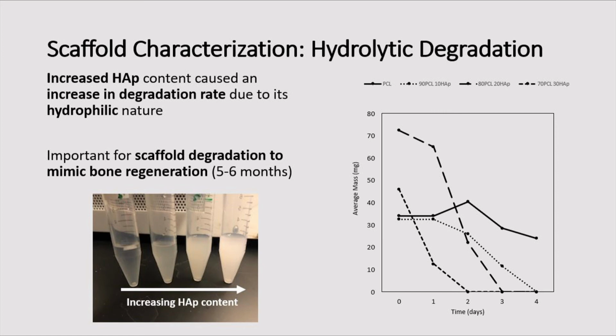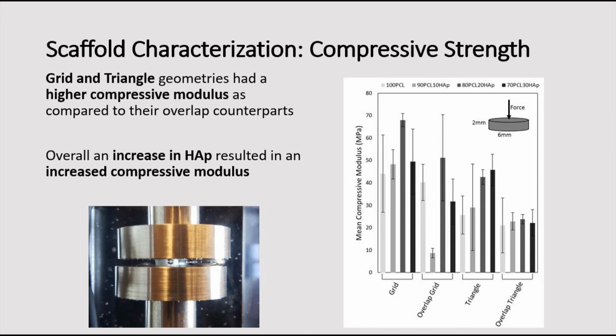It is important for the scaffolds to degrade at a rate which mimics the regeneration of bone, which is around 5 to 6 months. Pure PCL degrades slowly due to its hydrophobic properties, so mixing the polymer with a ceramic like HAP improves scaffold degradation to mimic the regeneration of bone tissue.